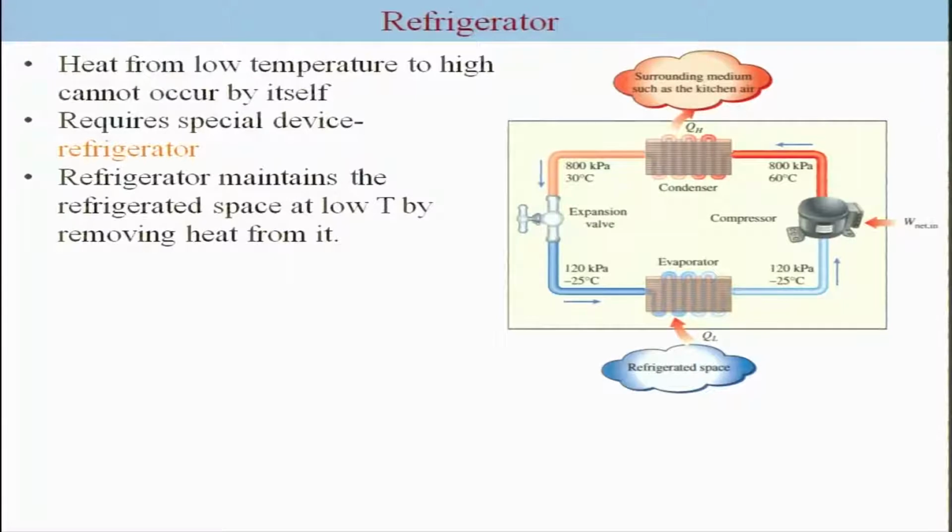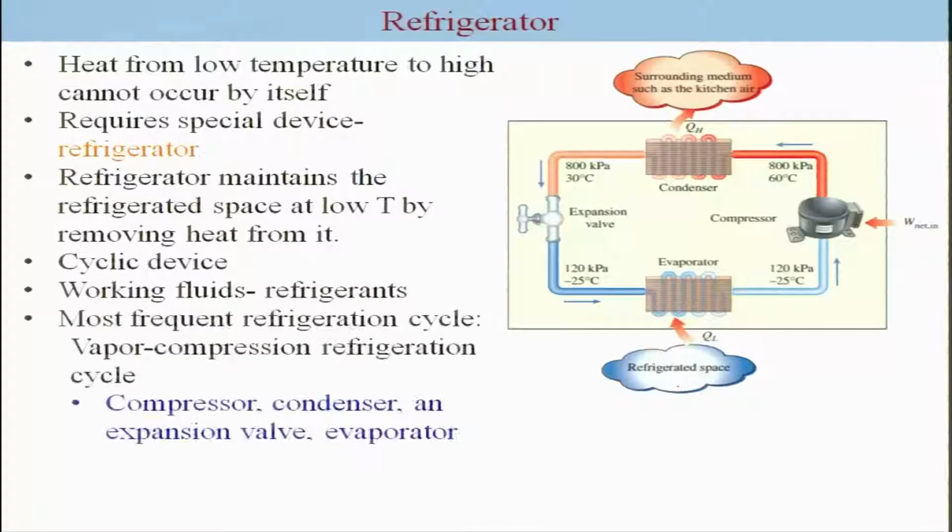Its purpose is to maintain the refrigerated space at a certain temperature, let us say TL, okay. This also works as a cyclic device, and the fluid which is used in this device is called a refrigerant, okay. So, this is the typical one.